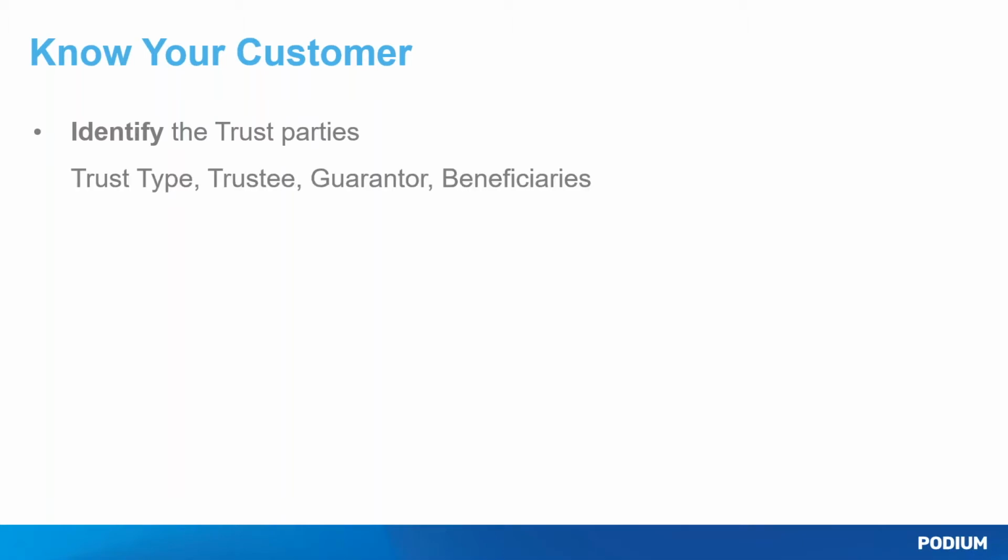So you're going to be looking at things like who is the trustee, who is the guarantor, who are the beneficiaries, what type of income sources do they have, is there any complexity? Do any of your parties have self-employed income as a part of their earnings, etc. You may also need to identify what type of trust it is in particular.